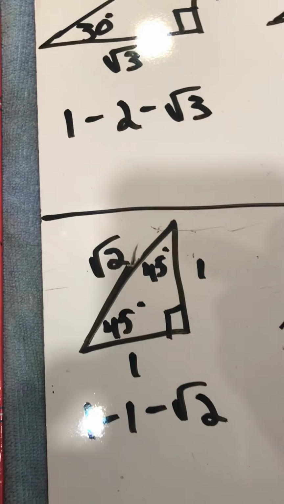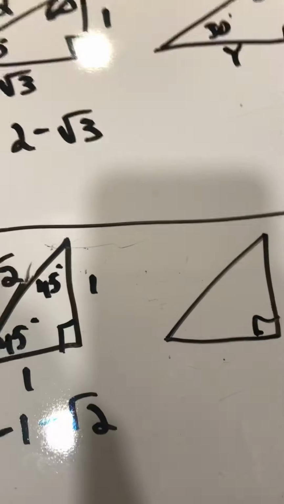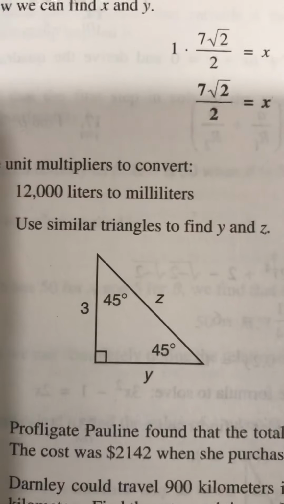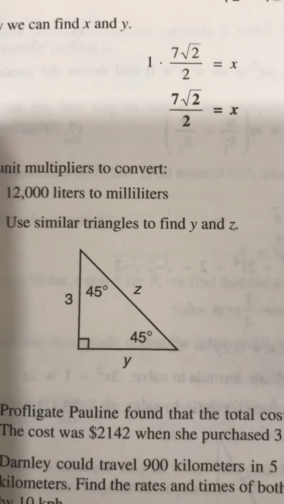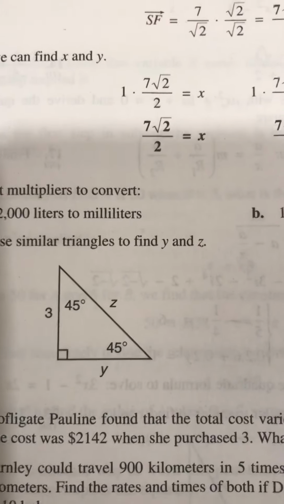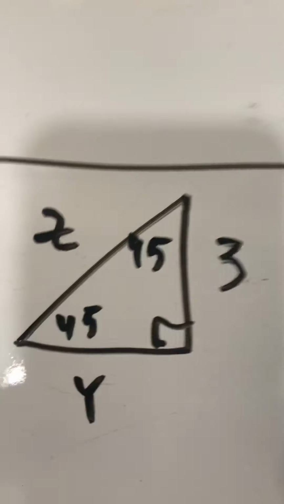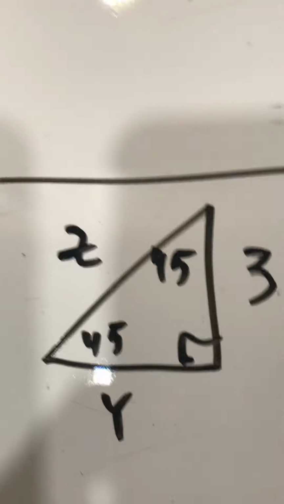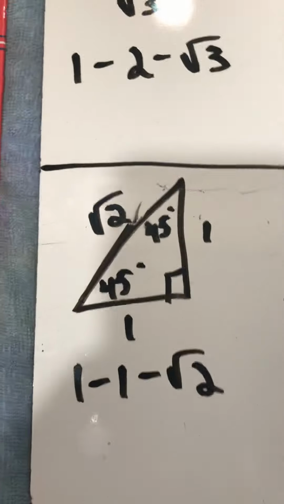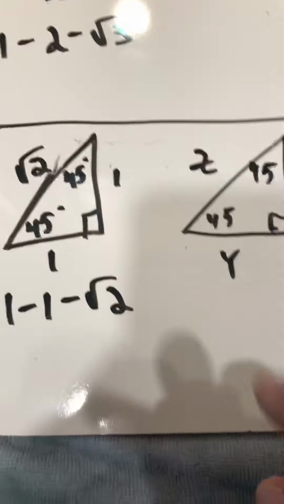So if they give you a problem like this on page, I don't know, here, this one, and you get 3, y, and z. They say, okay, solve that with the ideal 45, 45, 90 triangle. You draw it next to it, and then you solve by firing the cannons.